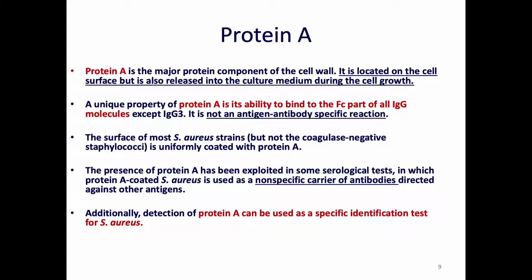And it is not an antigen-antibody specific reaction. The surface of most Staphylococcus strains is uniformly coated with protein A, but there is an exception. Coagulase negative Staphylococci do not have protein A on their surface.